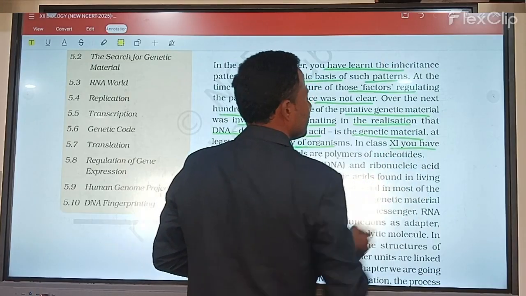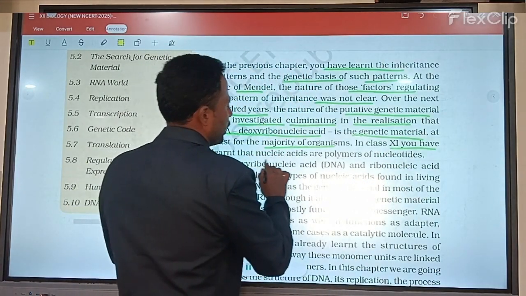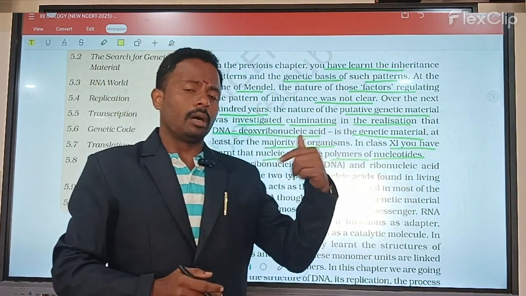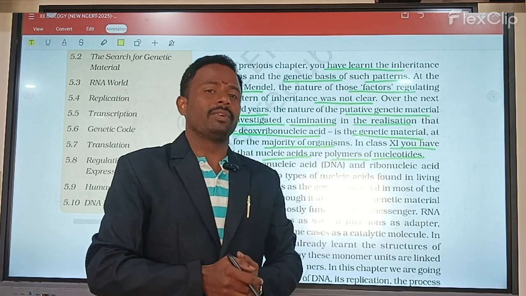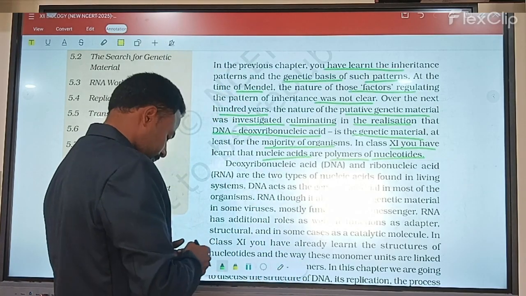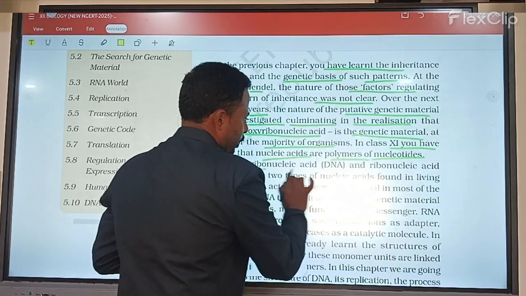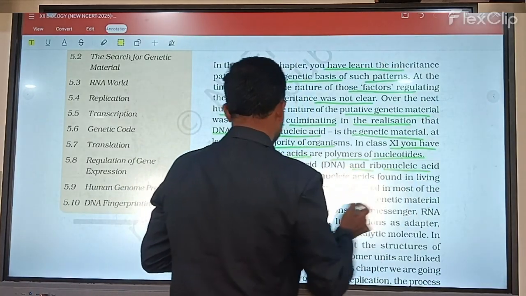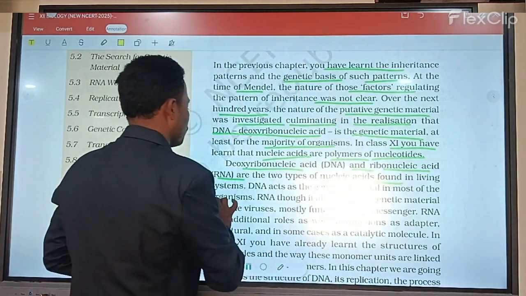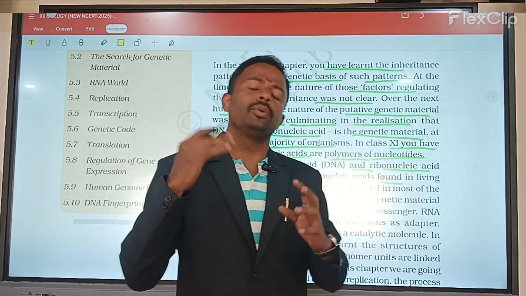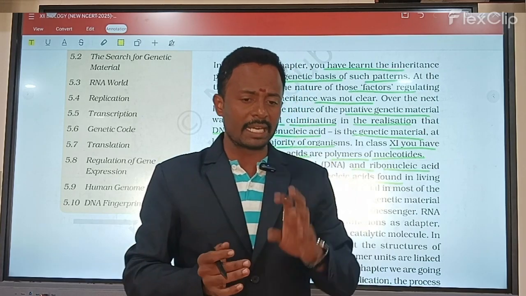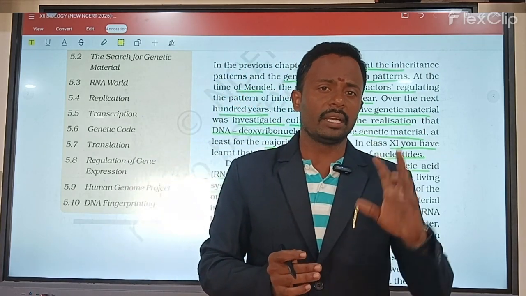In class 11, in the biomolecules chapter, you learned about nucleic acids, nucleotides and polynucleotides. So we have already learned that. Now, here are deoxyribonucleic acid DNA and ribonucleic acid RNA. These two are the nucleic acids found in living systems. Every living system contains genetic material, either DNA or RNA.